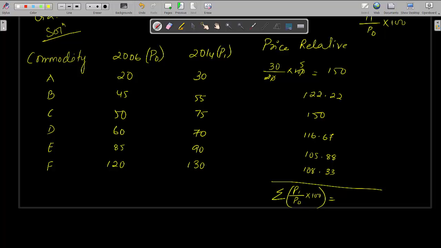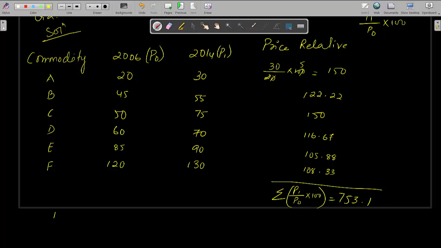If you add up all this now, you should get 753.1. That is 753.1. Now use the formula, and divide it by the number of commodities, and then you will get the answer of average price relative index. Yeah.